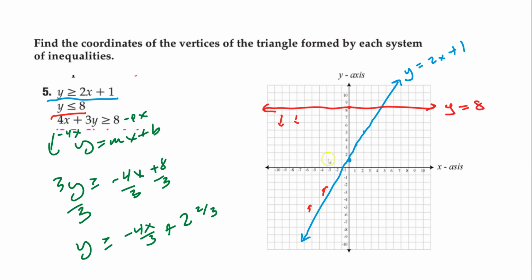Man, why can't it ever be easy? So 2 2/3 right there. And then from there I'm going to go down 4 over 3-ish. Right there. So then connect it. It's going to be something like that. This one's also solid.